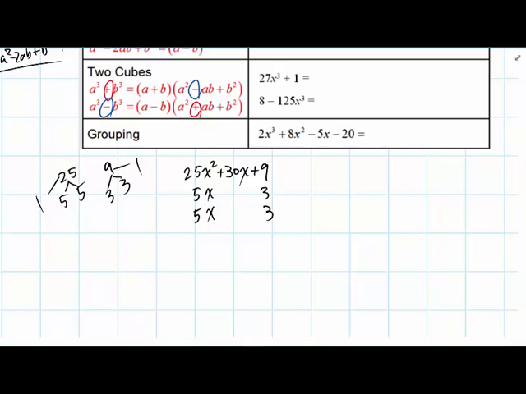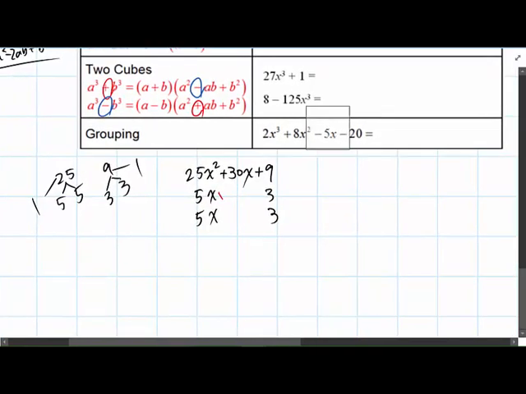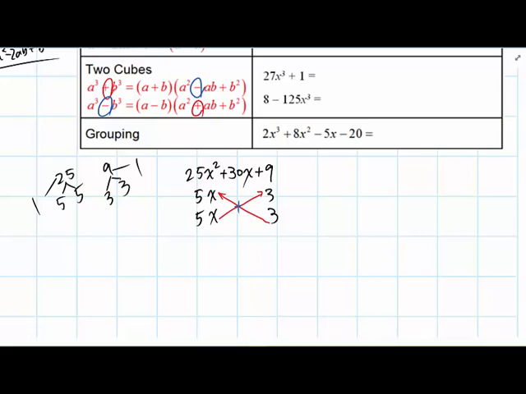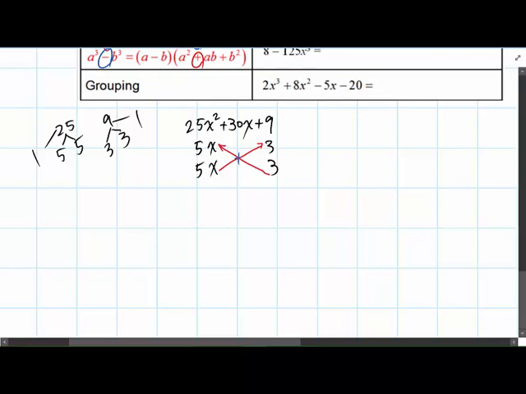What you want to solve sounds complicated, but it's actually not. The arrow means cross multiply. In this case, 3 times 5x is 15x, and the plus sign means just add. And 5x times 3 is 15x, which equals 30x.